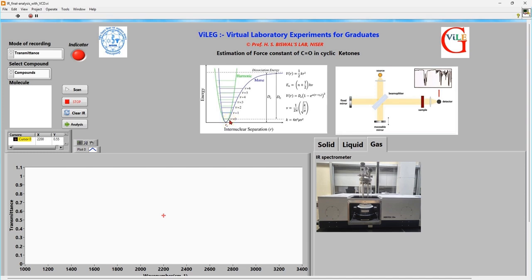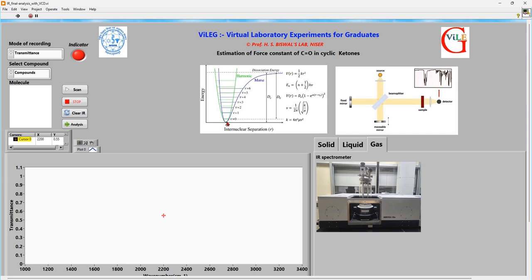However, when we move to higher vibrational energy levels, the Morse potential actually deviates from the harmonic potential and reaches an asymptotic limit. And the energy difference from this point to the minimum of the potential energy curve is known as the spectroscopic dissociation energy.